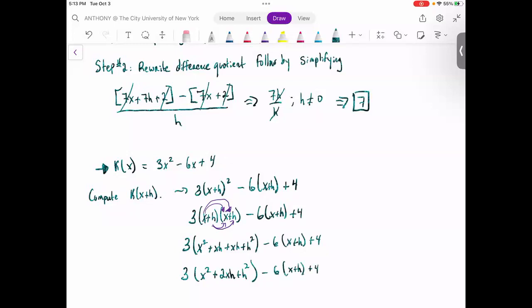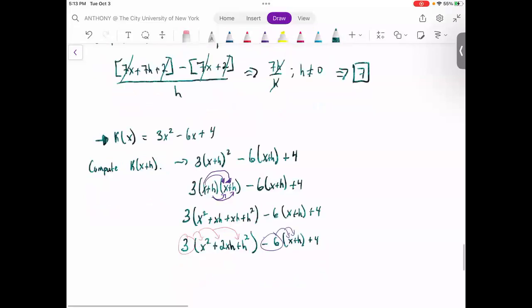All right, now in my final line of expanding this out, I am going to distribute the 3, and then I'm going to distribute the negative 6 inside of the parentheses. So if I distribute the 3 inside the parentheses, this will give us 3x squared plus 6xh plus 3h squared minus 6x minus 6h plus 4.